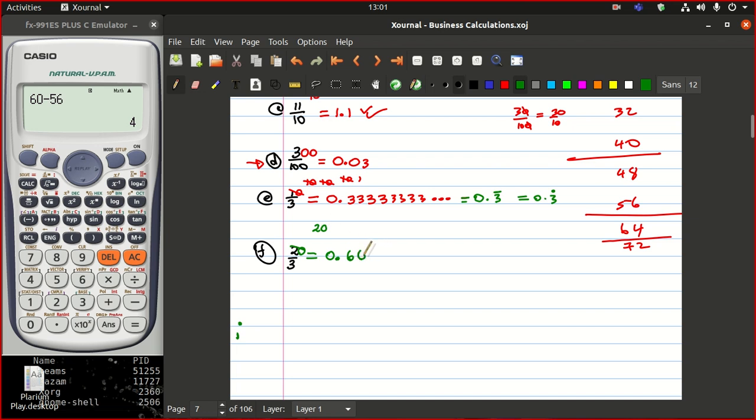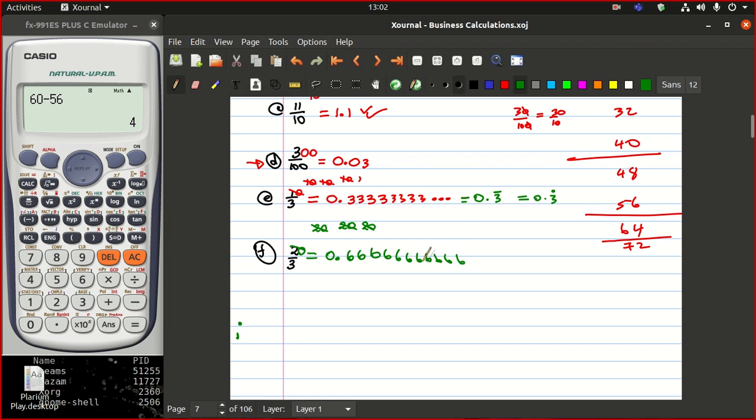You find there are 6 again, and the remainder is a 2. Add another 0, and there are 6 again, with remainder 2. You will find that the remainder is always going to be a 2, and you will keep continuing and have these 6 throughout.